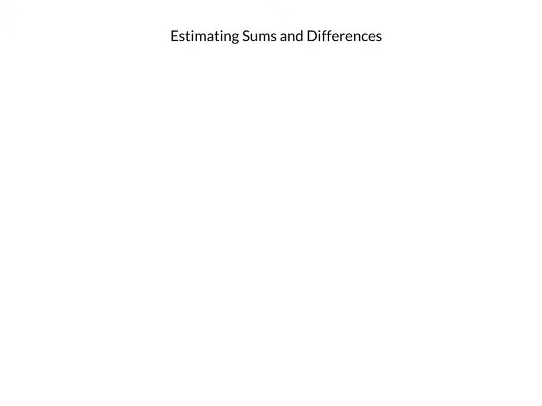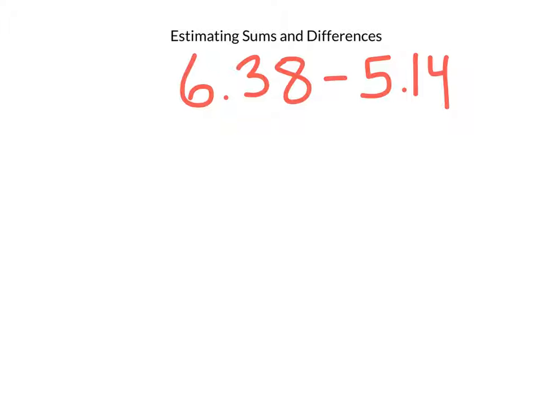Now when we talk about estimating differences, it's the exact same strategy, except this time we are subtracting. So we're estimating to the nearest tenth. So the same process as when we're doing sums. Here's my tenth. I look immediately to the right and it's an 8, so I'm going to round up.